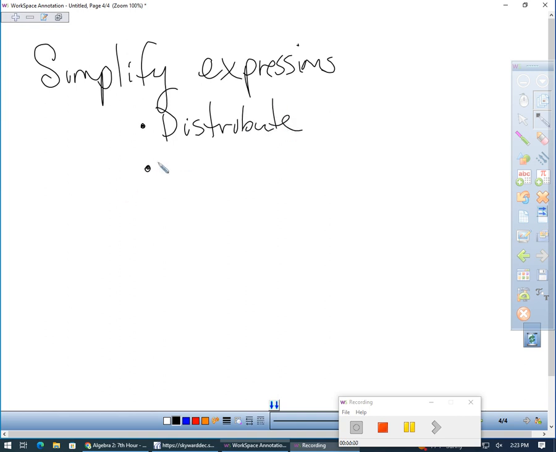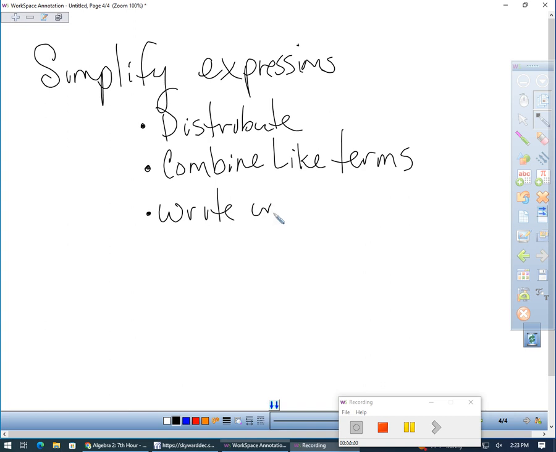We may have to combine like terms. And then we are going to have to write it in mathematical order.